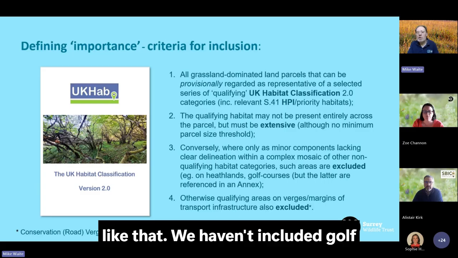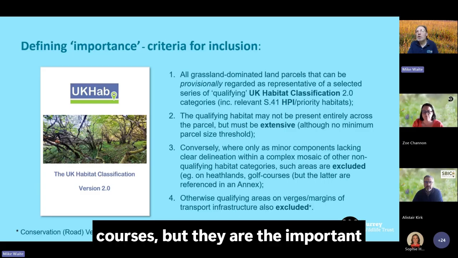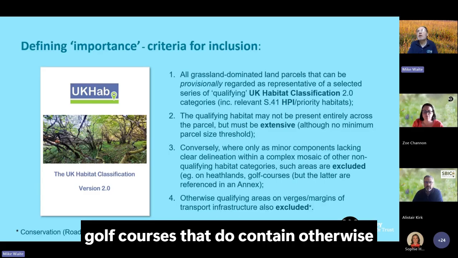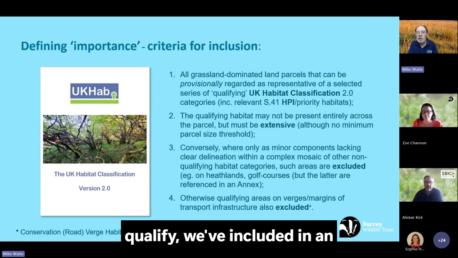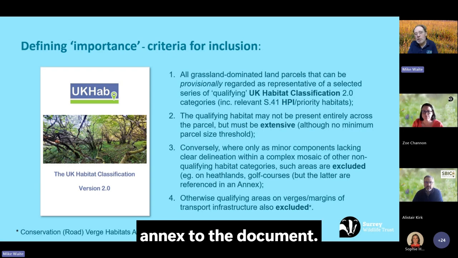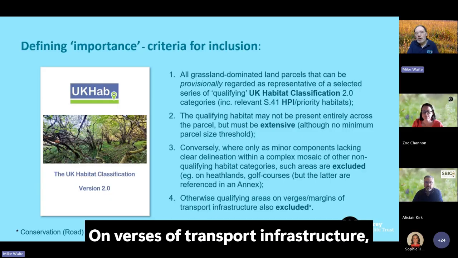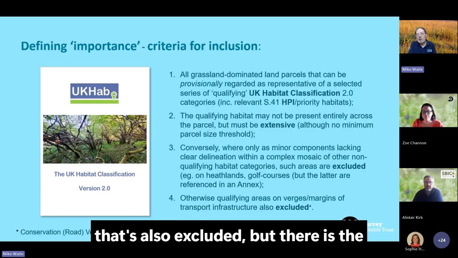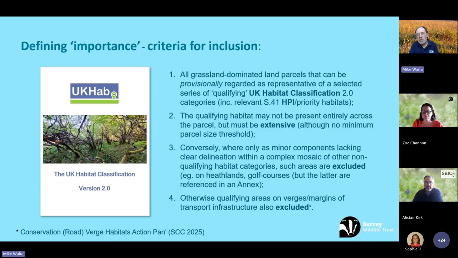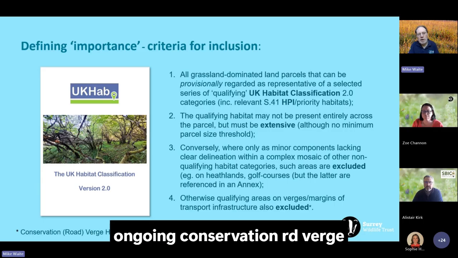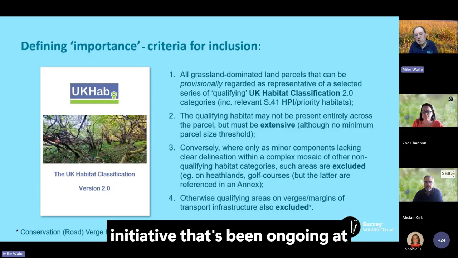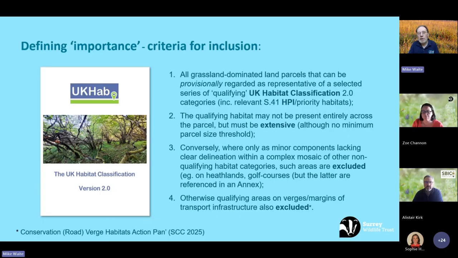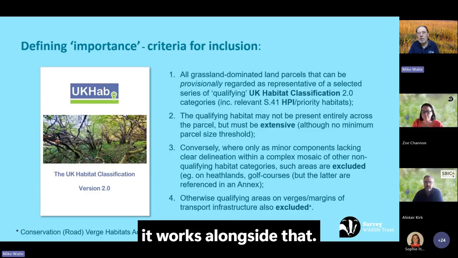We haven't included golf courses, but the important golf courses that do contain otherwise qualifying grasslands are included in an annex to the document. Transport infrastructure verges are also excluded, but there is the ongoing Conservation Road Verge Habitats Action Plan, which is a separate initiative that's been ongoing at the same time. So it works alongside that.